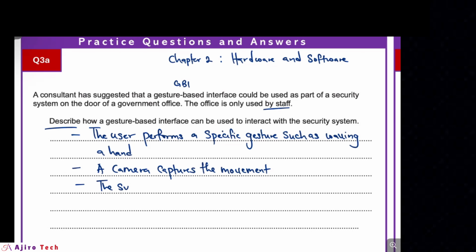The system compares the gesture with stored gesture on the database.